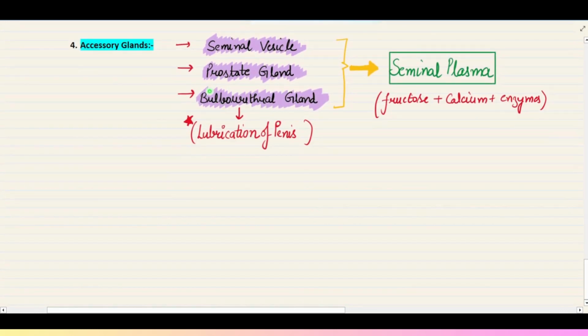The last part is the accessory glands. In the male reproductive system, we have mainly three glands. First is the seminal vesicle, second is the prostate gland, and third is the bulbourethral gland. These glands constitute a special kind of plasma, the seminal plasma, which is rich in fructose, calcium, and certain enzymes.